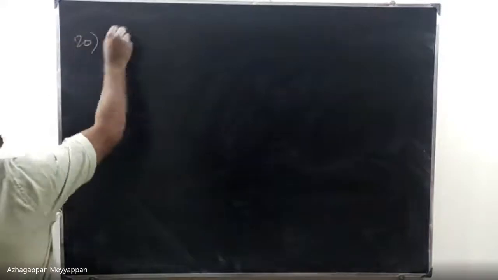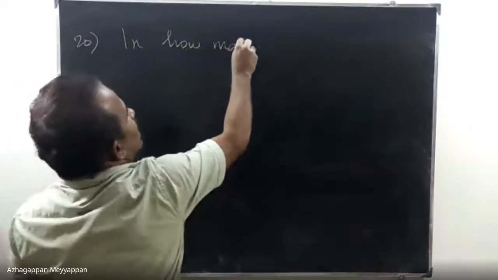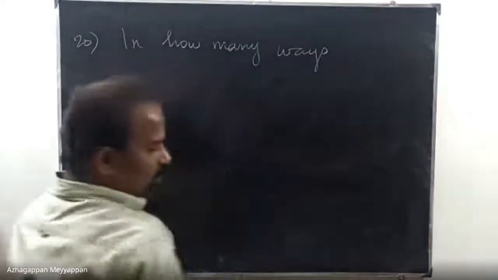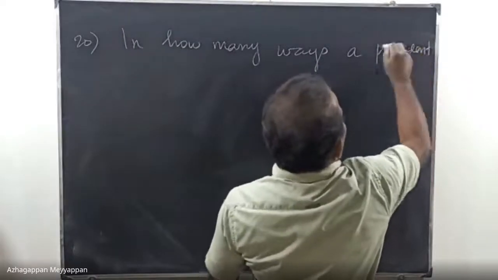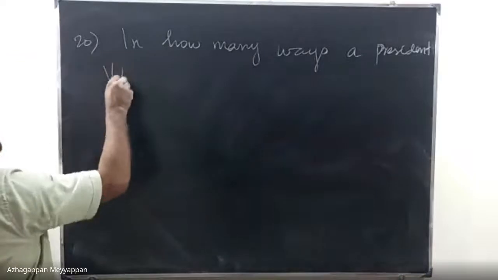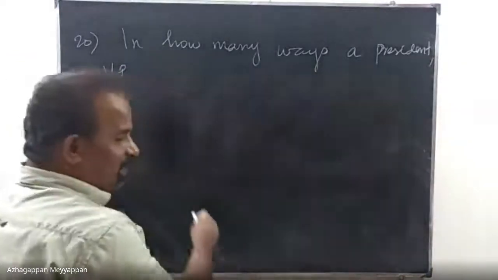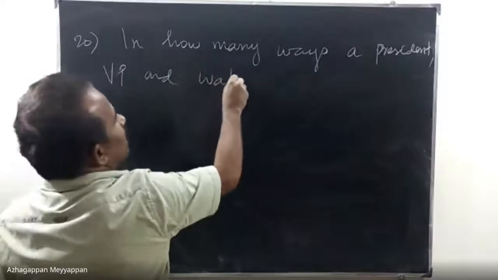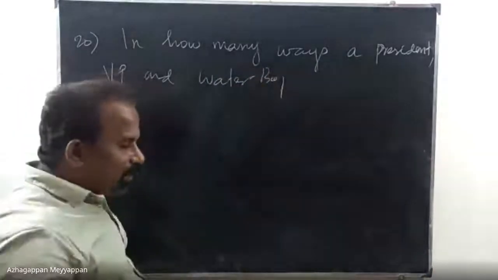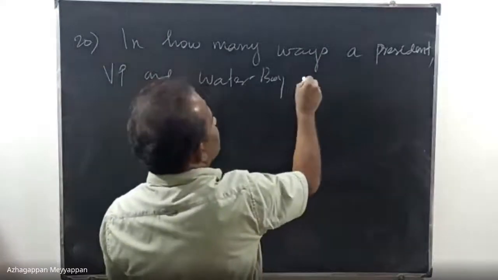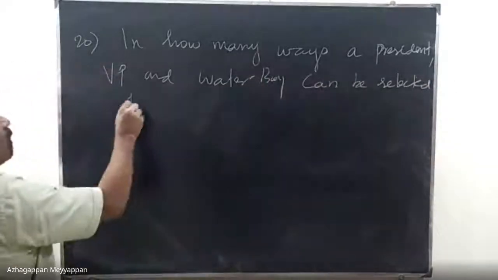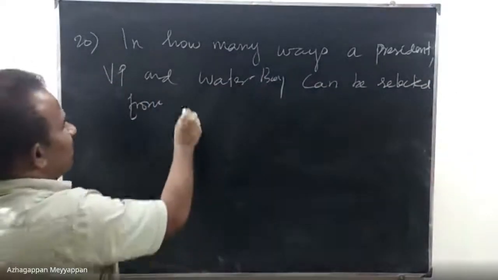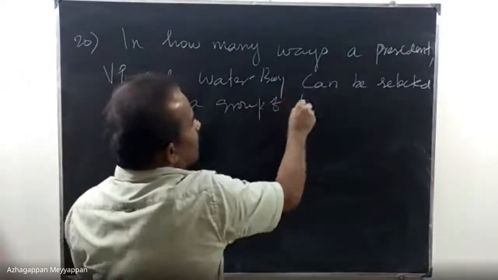The 28th question is, in how many ways a president, vice president, and water boy can be selected from a group of 10 people.